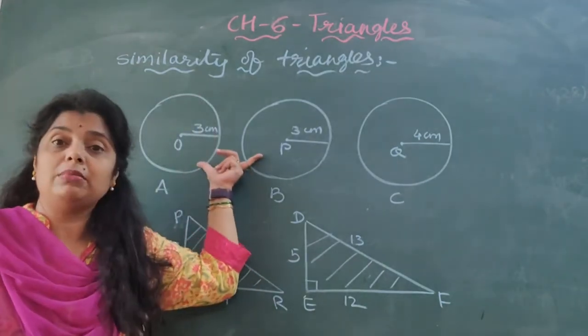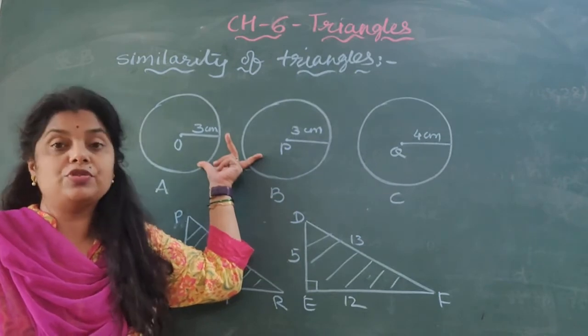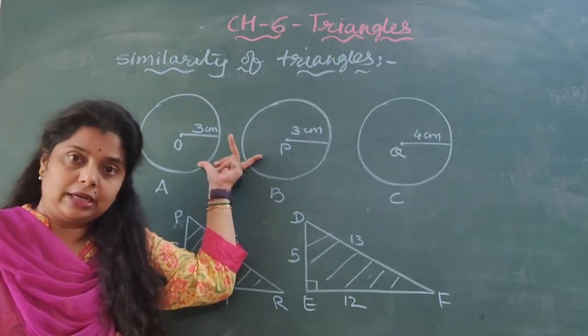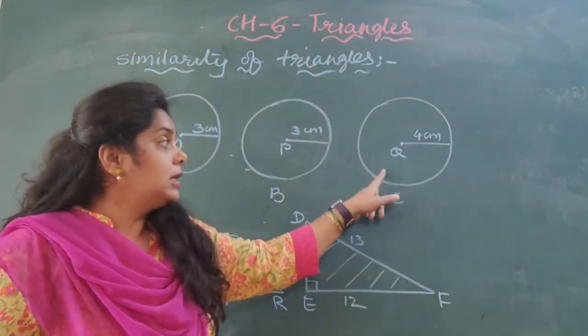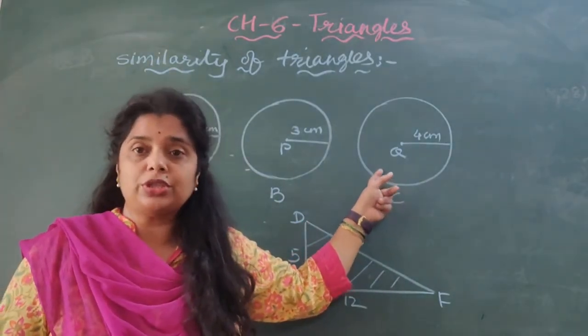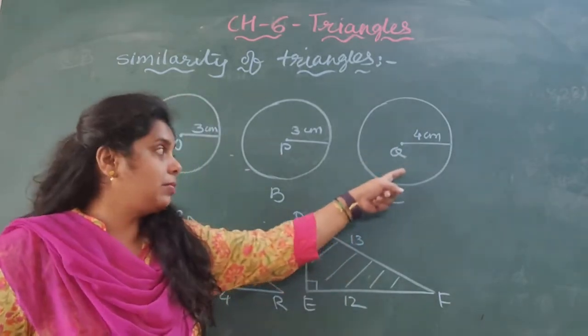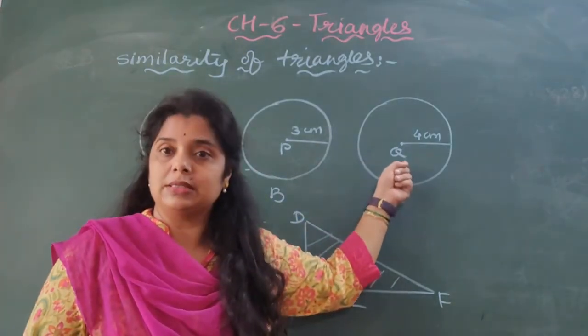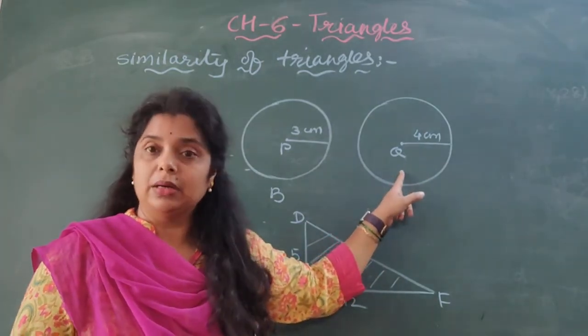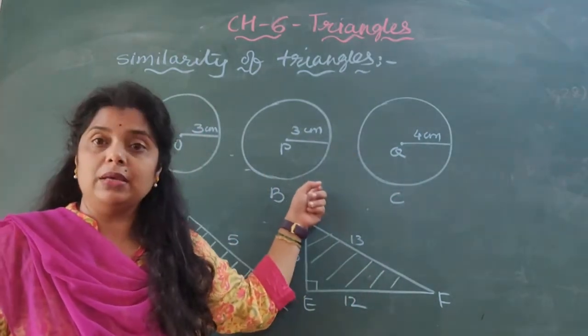Because they have same shape as well as same radii. Let's talk about the circle C. It is a circle, so shape is same as B and A. But if you talk about the size, it is quite bigger than A and B. Why?